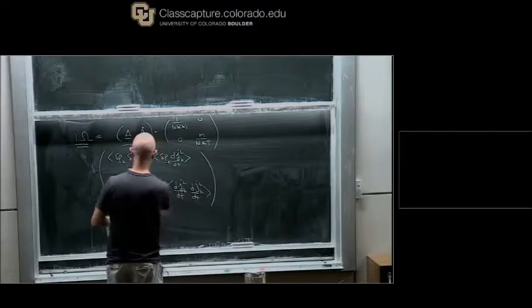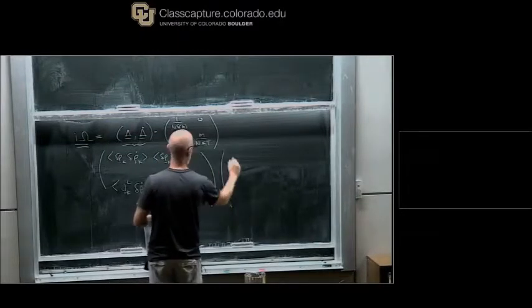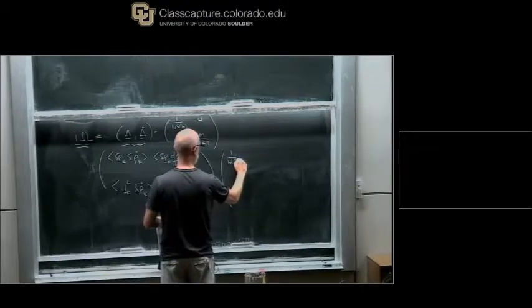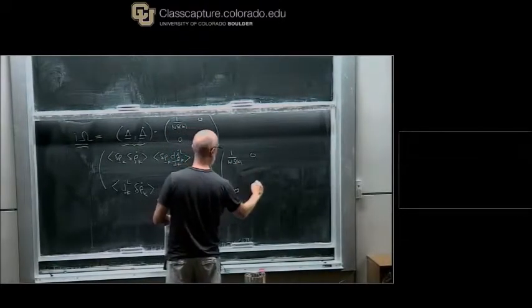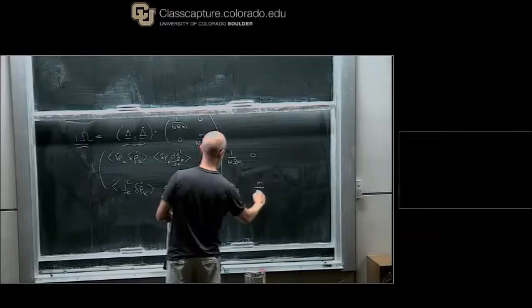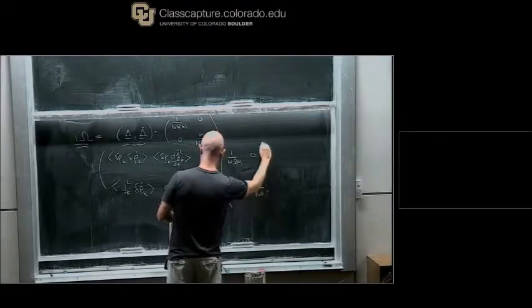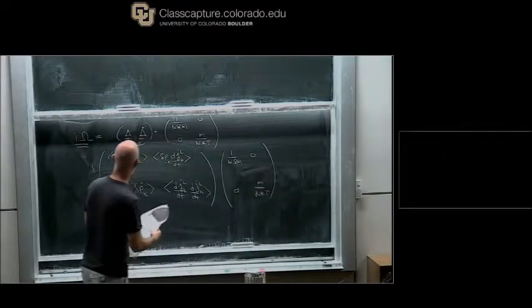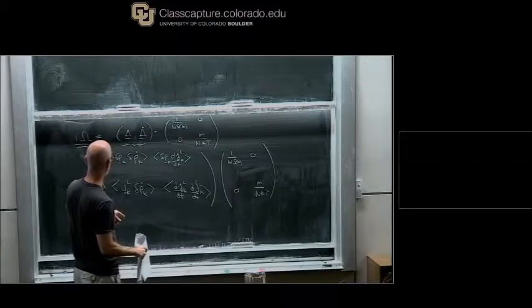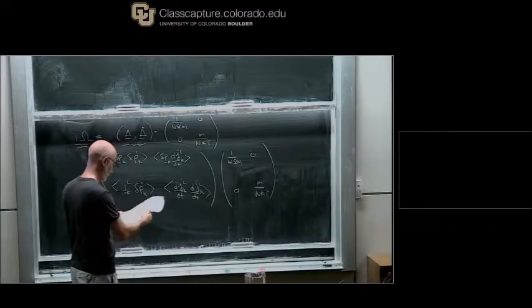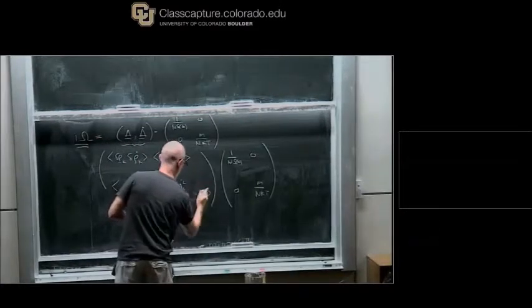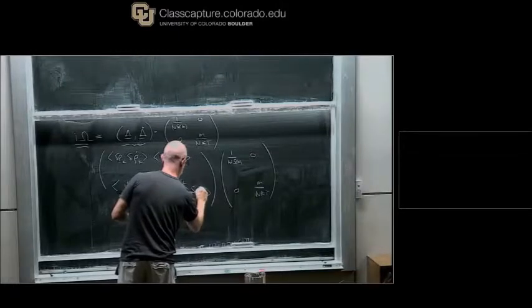All right, it's going to be whatever this 2 by 2 matrix is times this diagonal matrix. Let's see, actually, I think this should be this.